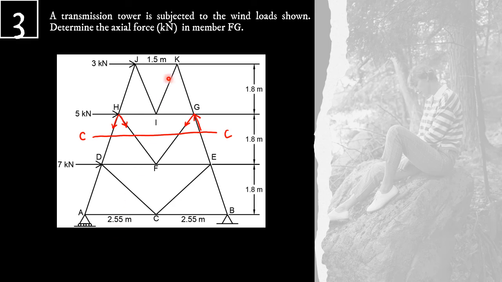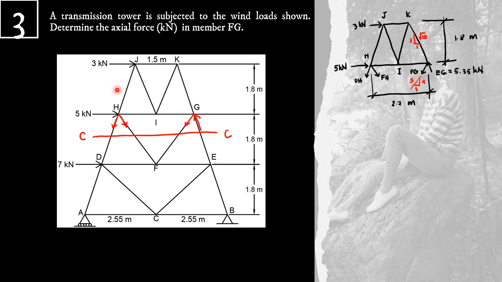We now draw the free body diagram of the section above plane CC. We recall that the slope of EG is 1 horizontal, 3 vertical, square root of 10 hypotenuse. And from our method of joints solution, we also recall that the slope of FG is 3 horizontal, 4 vertical, 5 hypotenuse.